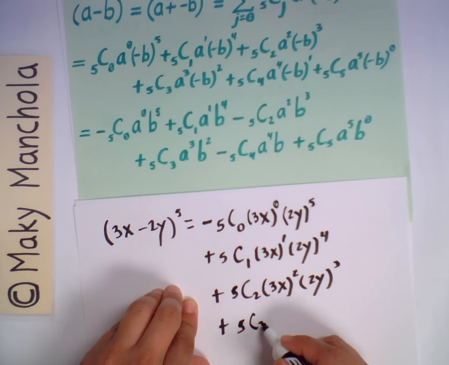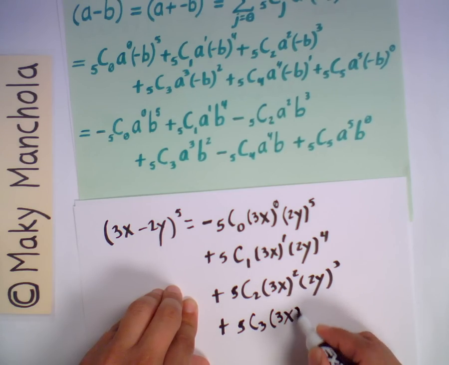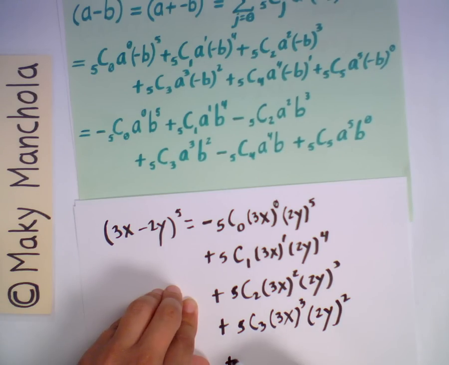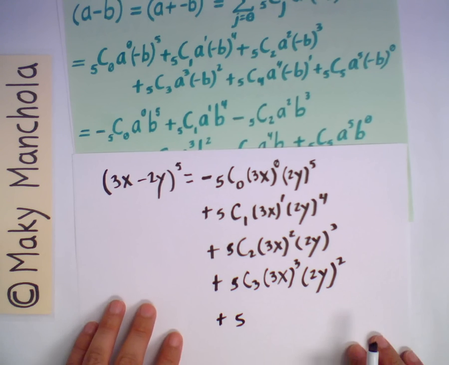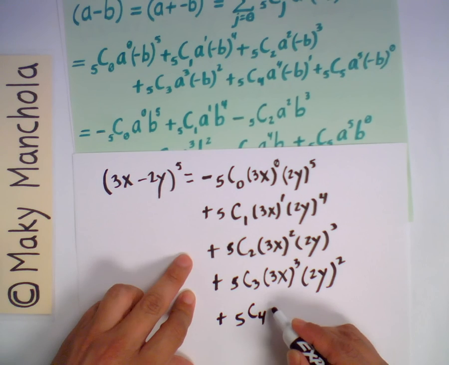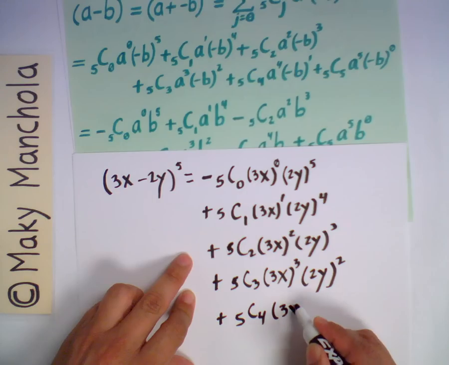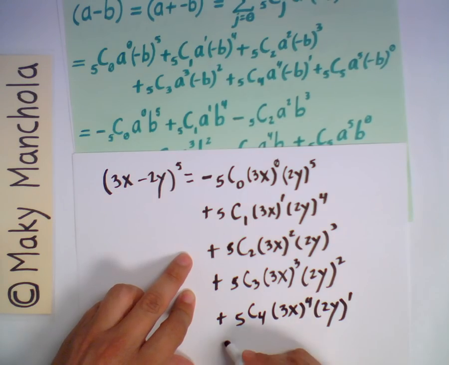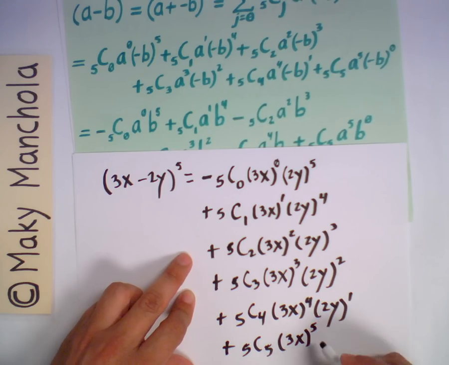So 5 choose 3, 3x to the third, 2y squared, plus 5 choose 4, 3x to the fourth, 2y to the first. Our last term is 5 choose 5, 3x to the fifth power, 2y to the 0.